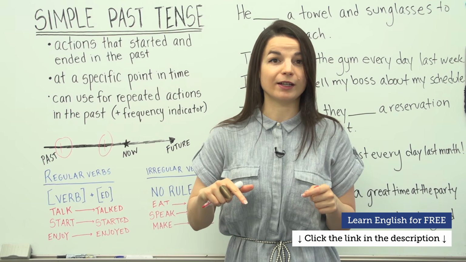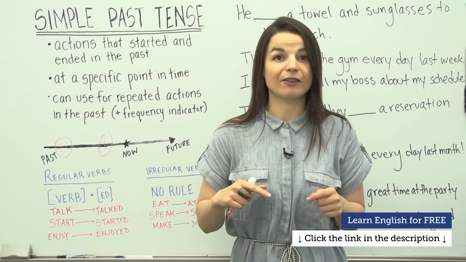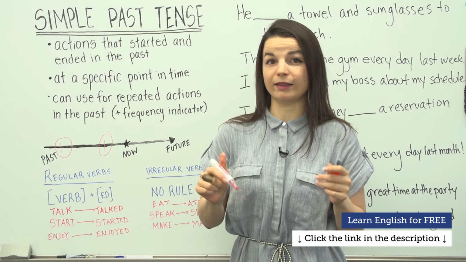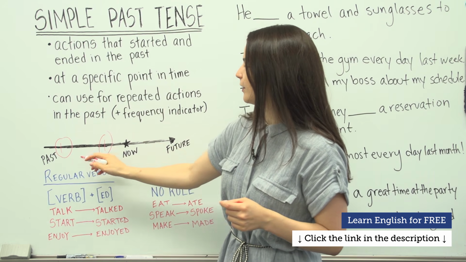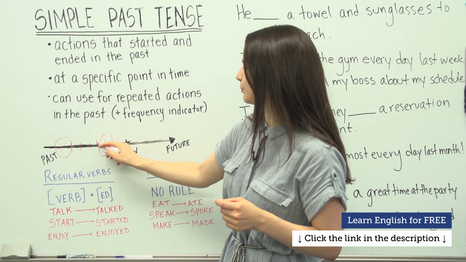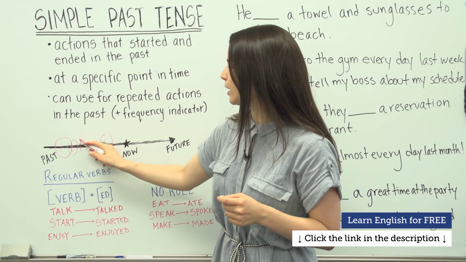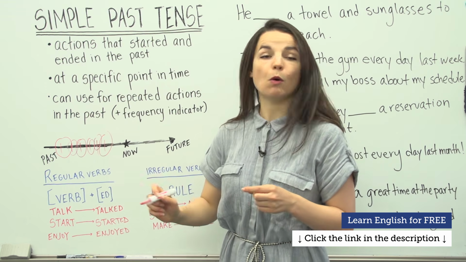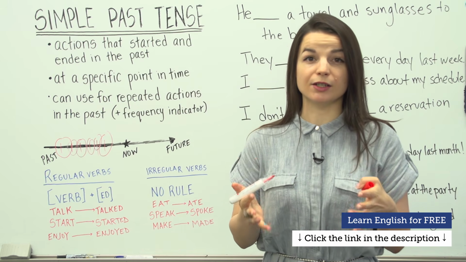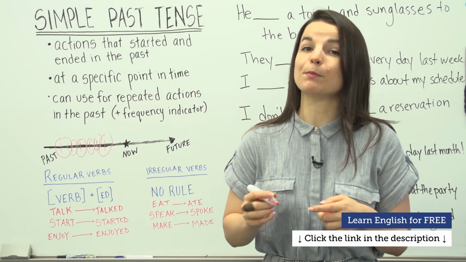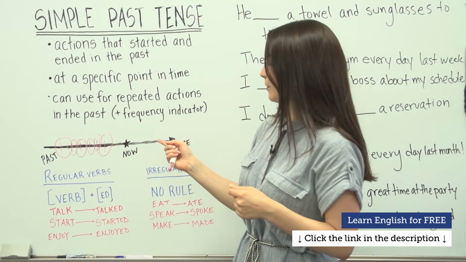It could be this morning, it could be yesterday, for example, but we know when these actions happened. Third, we can use for repeated actions, so maybe these actions repeat, but we know when the repetition happened. We know when we repeated these actions, so it's okay to use simple past tense to describe those.